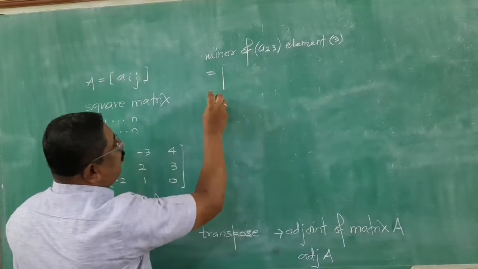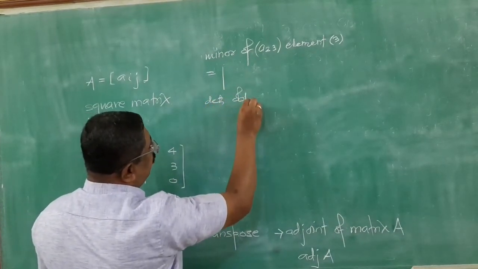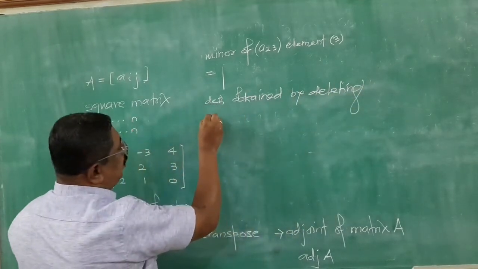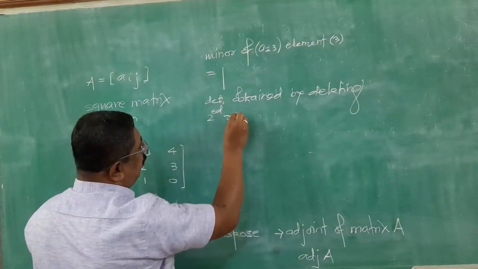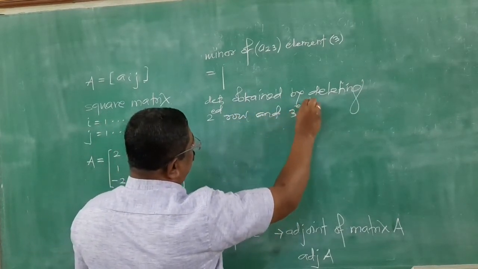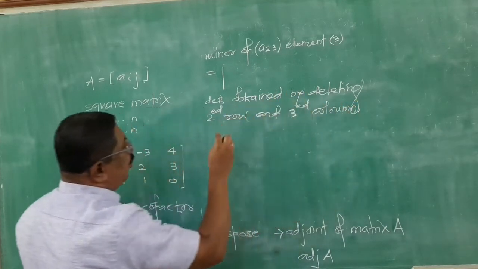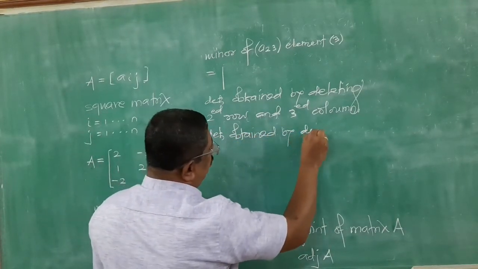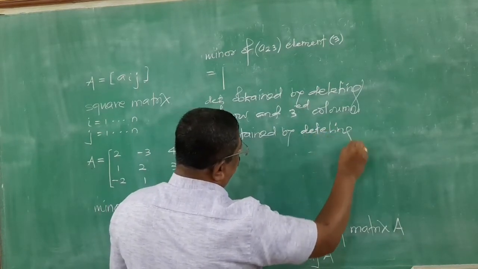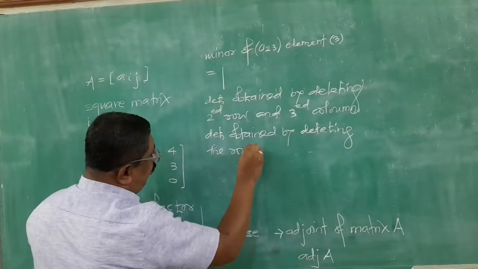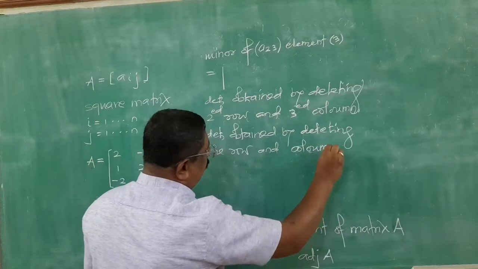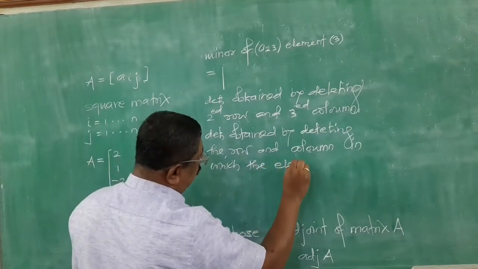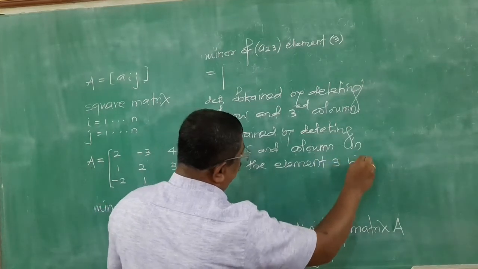Minor of element A23 means it is the determinant obtained by deleting second row and third column, or you may say that it is the determinant obtained by deleting the row and column in which the element 3 lies.